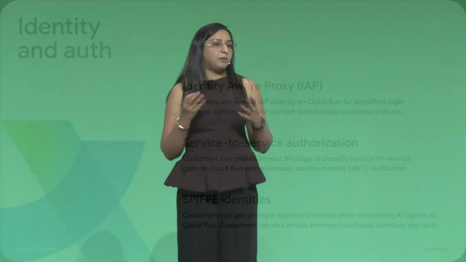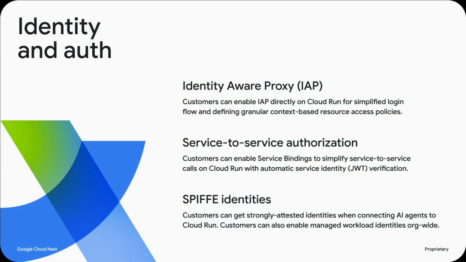Now let's dive deep into each of those pillars and how Cloud Run provides you more secure controls, now even more secure. First, Identity-Aware Proxy. Identity-Aware Proxy can now be enabled directly on your Cloud Run service on your ingress path without the need of any load balancer and complex network setup.